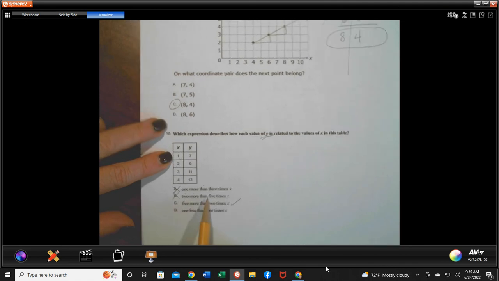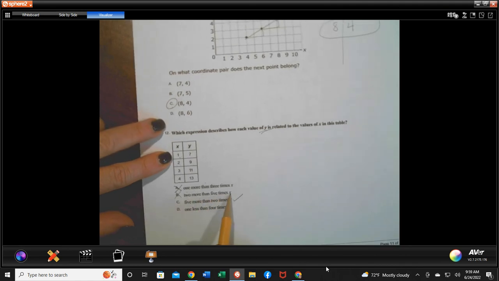All right. And I've lost my train of thought because I thought, oh my goodness, for B, I actually applied it to the second term. It didn't work on the second term. It's not going to work on the first term. 2 more than 5 times x. So go back to that. Some of you, I think, did pick B, but let me show you why that was wrong.